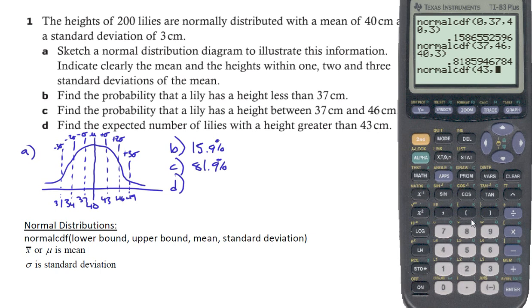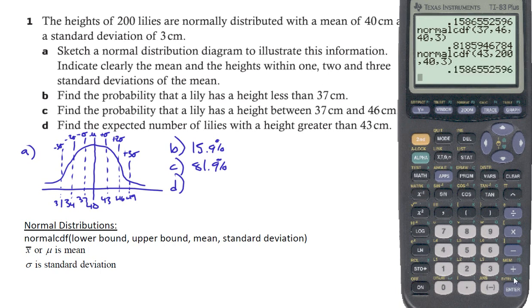And then upper bound, we don't have an upper bound, we want it to be 43 or bigger, so I'm just going to put in, say, 200. Okay, that's pretty big, that'll work. And then I'm going to put in my mean and my standard deviation, which again is 40 and 3. Okay. So that gives us a 15.9% probability that it's going to have a height greater than 43.